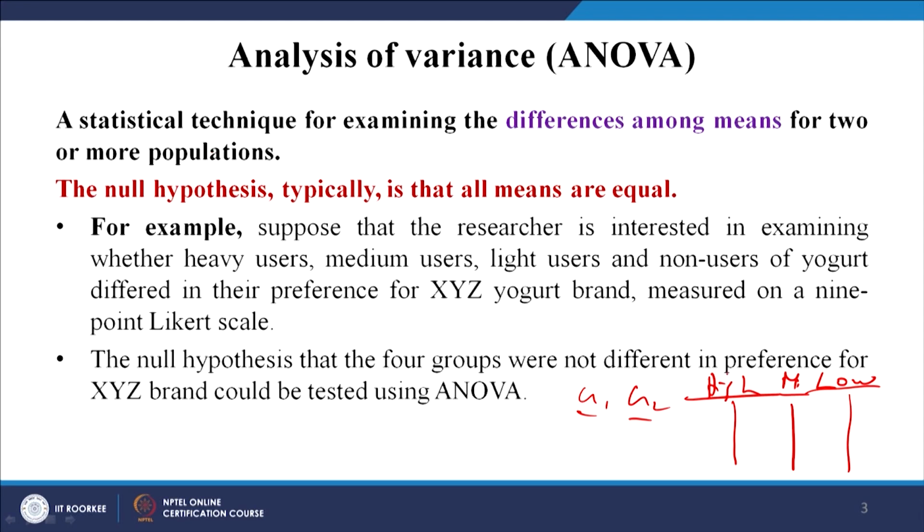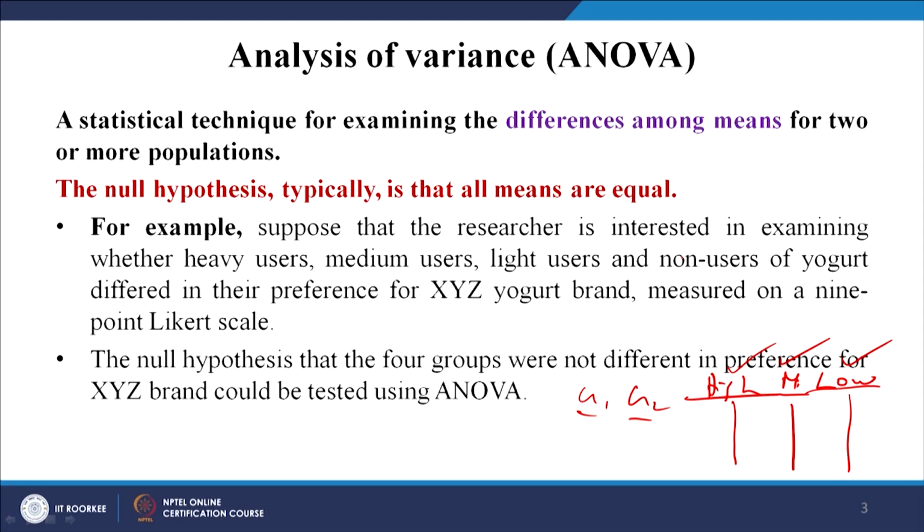So, here we have taken the high income, low income and the middle income. The null hypothesis is that all means are equal, right. For example, suppose that the researcher is interested in examining whether heavy users, medium users, light users and non users of yogurt differ.